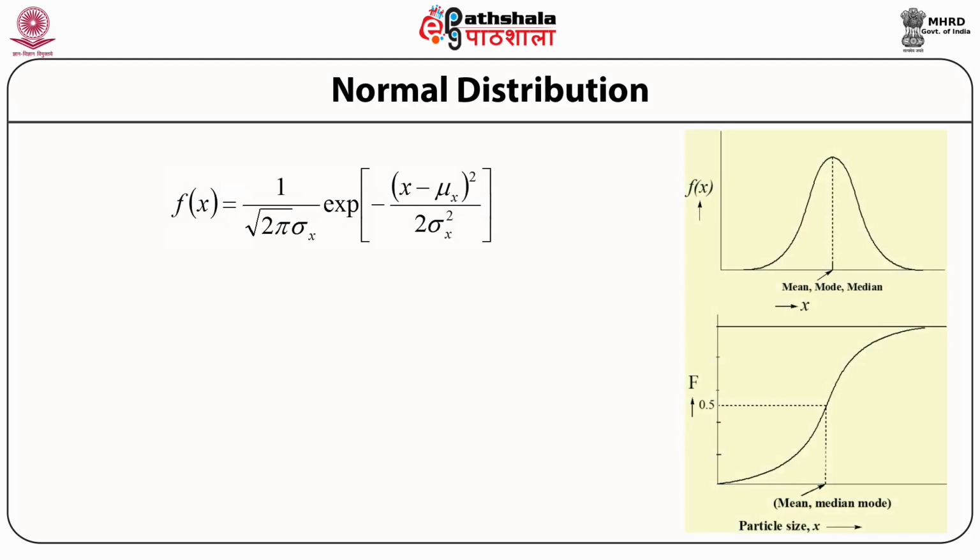We can fit the particle size data using mathematical functions. Very often, the particle size data can be represented by mathematical functions, and the most common such function is the log normal distribution.